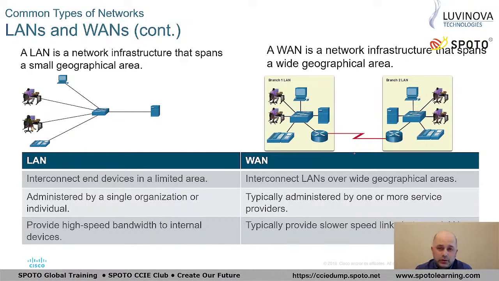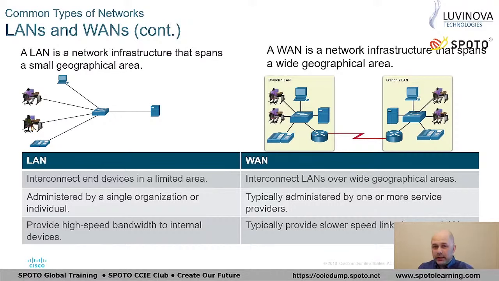WAN interconnects LANs together. Before WAN there is another type of network, which is MAN, the Metropolitan Area Network, and exactly those networks are connecting LANs together. But MAN is part of WAN, which means Wide Area Network.